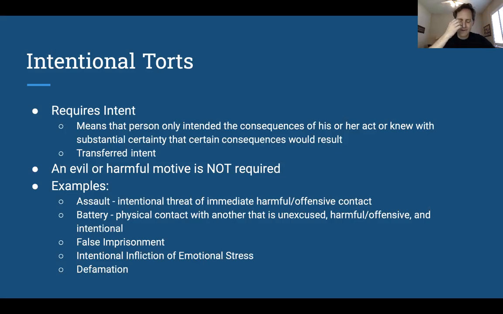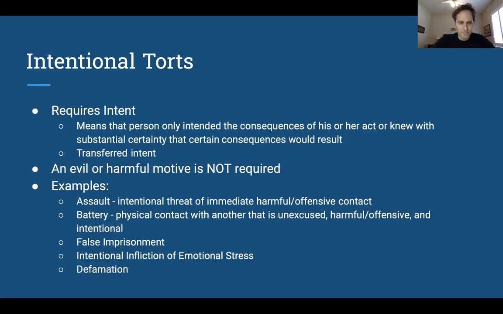None of that matters. I'll describe this more when we get to defamation in a little bit, especially with the news article that you read. So anyway, let's not worry too much about that, but just know you don't have to be a bad person to commit a tort.